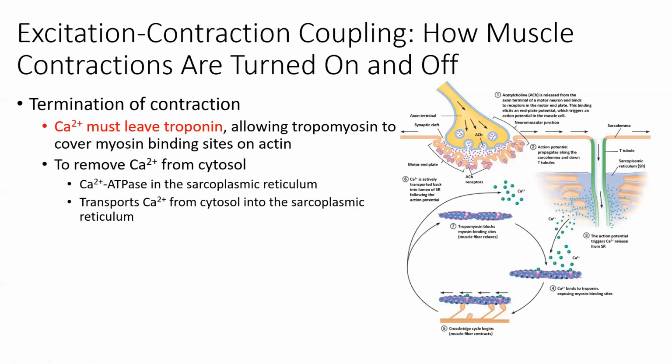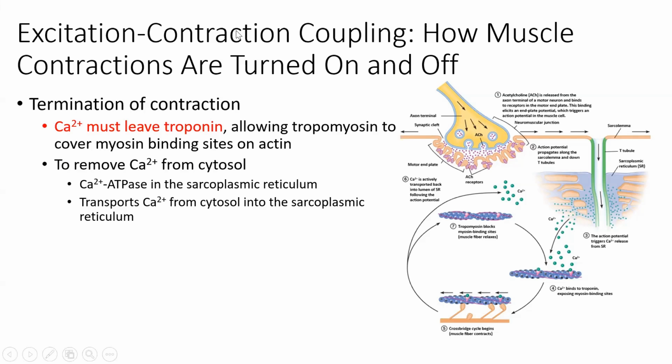Okay. And as we talked about, in order for termination of contraction to be brought about, calcium must leave troponin and it must go back into the sarcoplasmic reticulum. It must leave the cytosol, and it is done so actively.